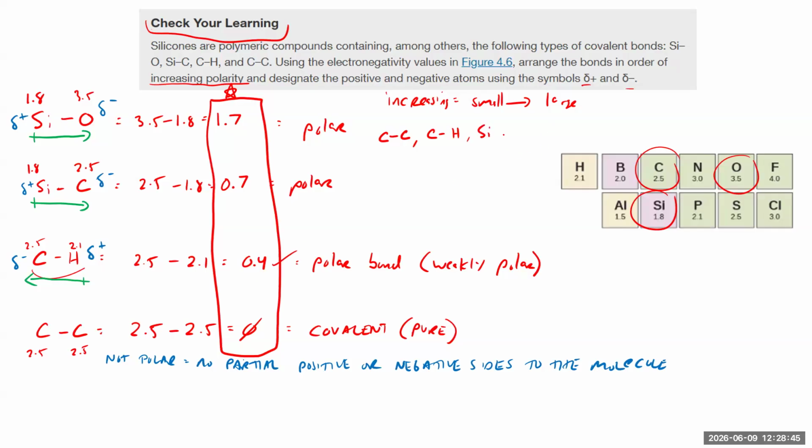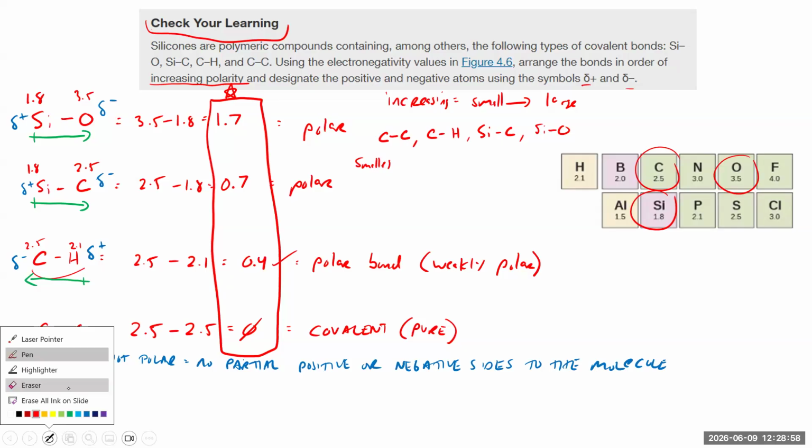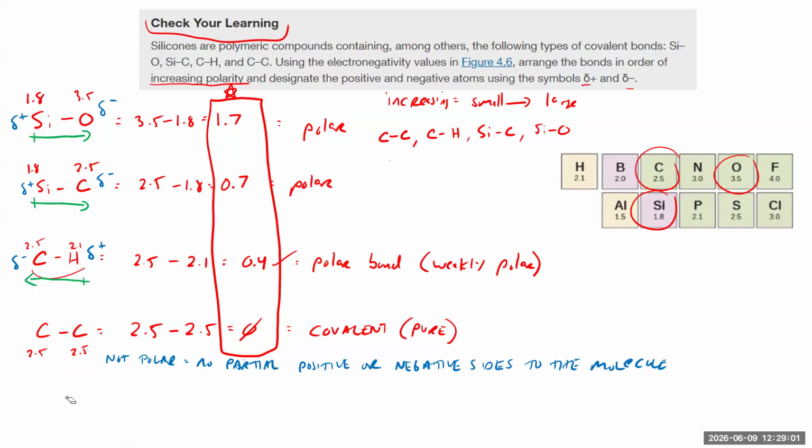Then the silicon-carbon bond, and then the silicon-oxygen bond, right? And we can just reaffirm this. We'll say least polar, and over here it's going to be most polar.